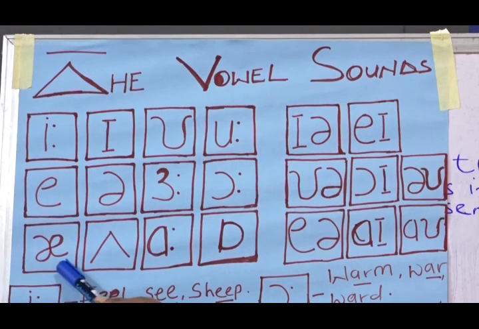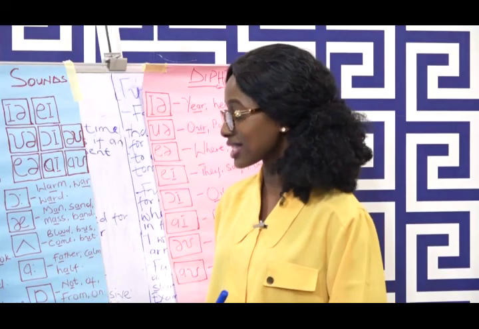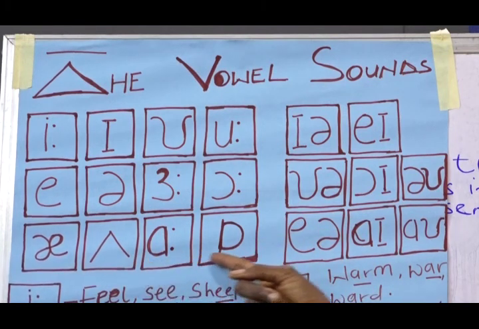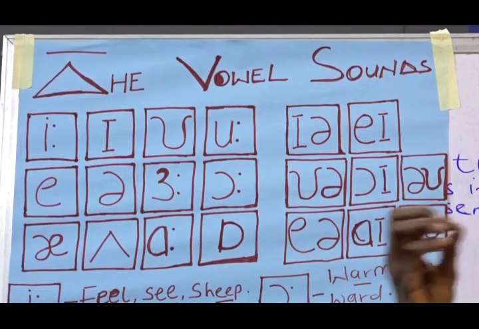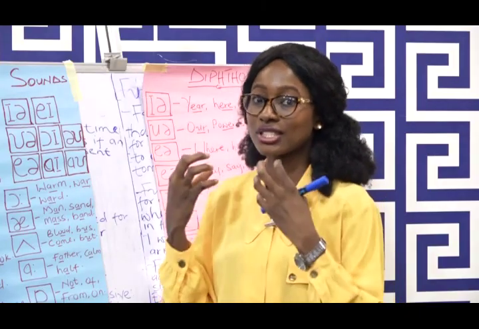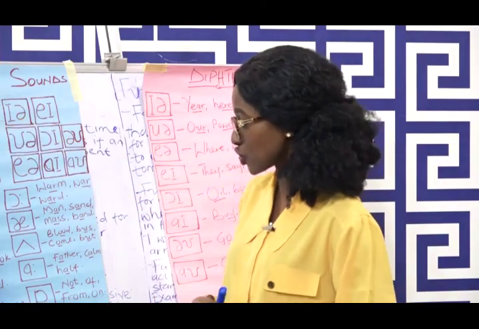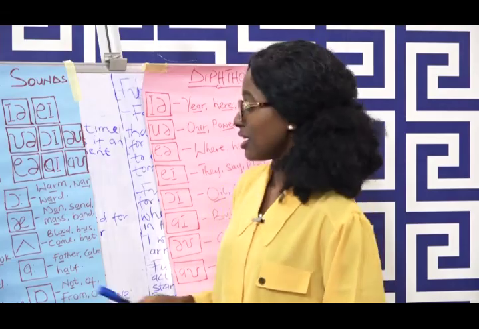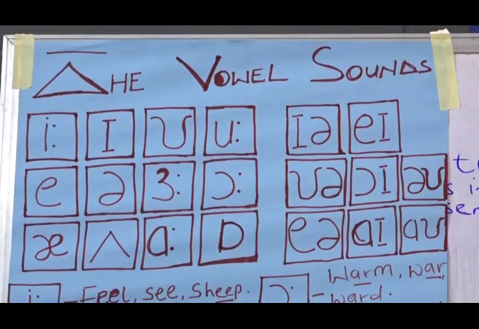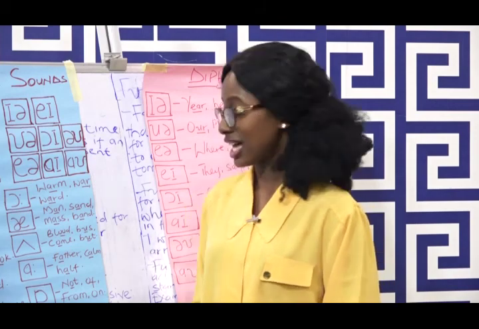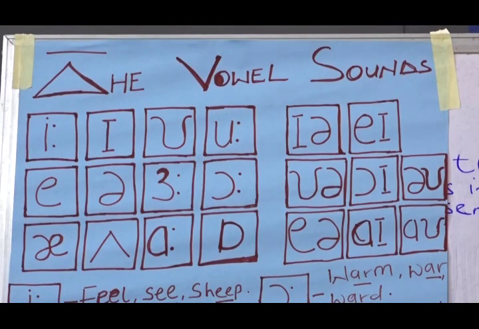And for this last row of sounds, you pronounce them with your mouth open. It's wider than the previous 2. So for this sound, you say eh, eh. And this, you can say ah, as in blood, ah, blood.